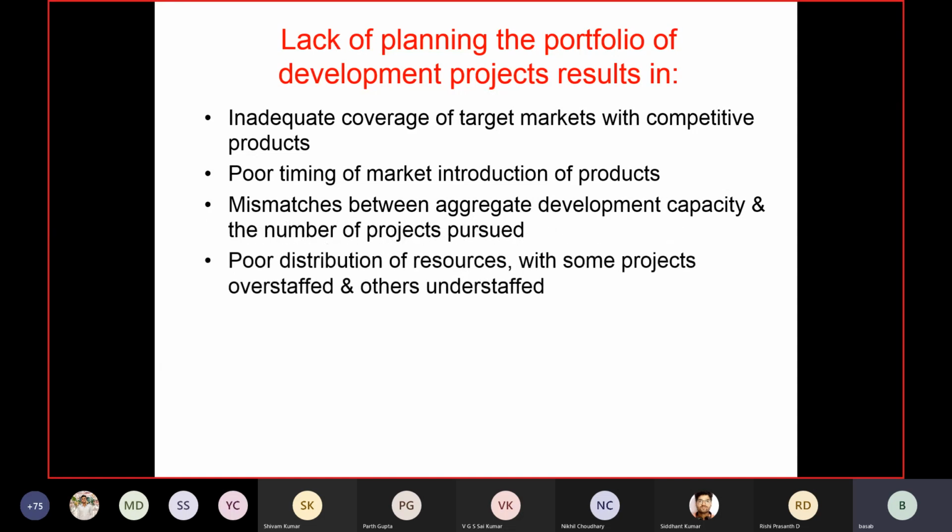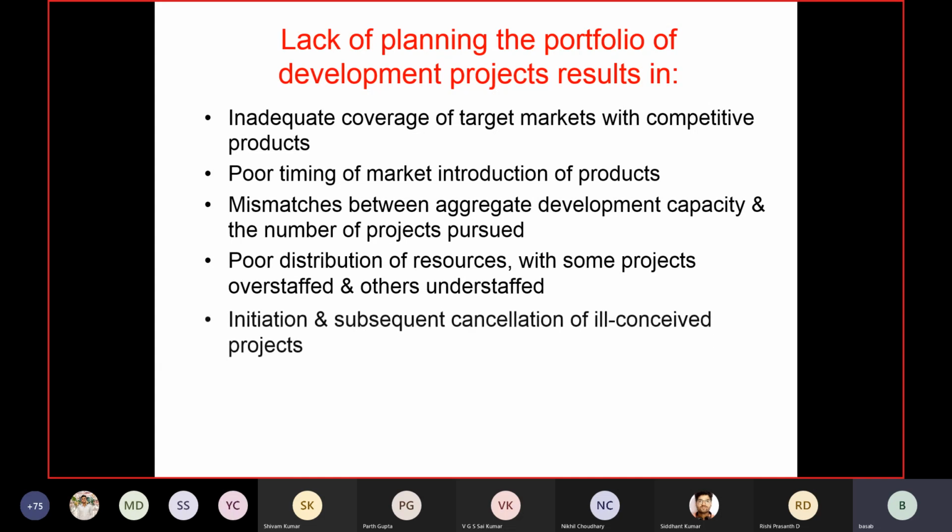Poor distribution of resources. Some projects are overstaffed, and it's not done properly which one to launch first, which one next. Then of course the staffing and the human resource, putting the right number of people on a particular project, doesn't happen. Then you have initiation and subsequent cancellation of ill-conceived projects.